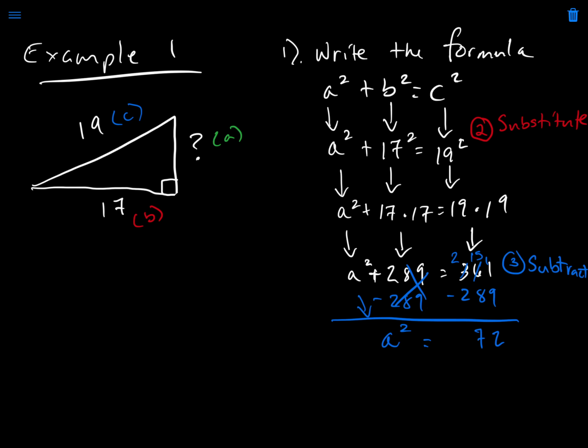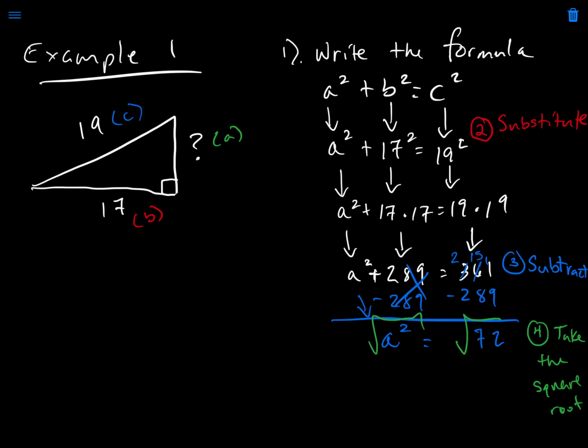Now, here's where it gets a little bit interesting. The very last step, step 4, I need to take the square root on both sides. And we have to do that because this is saying essentially that a number times itself equals about 72.